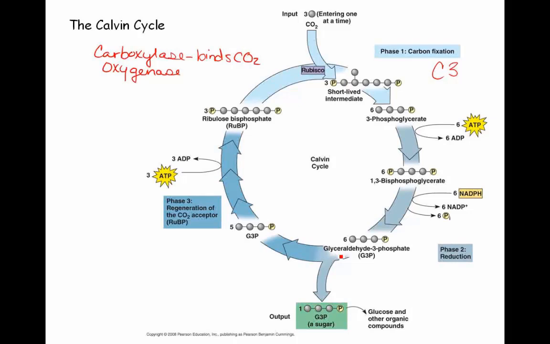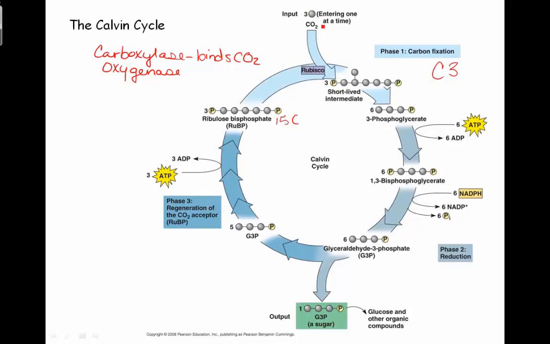Now, if we talk numbers here, if we want to make one net G3P, like we have down here, notice that this G3P has 3 carbons in it. So if we're going to make one of those, we need to use 3 carbon dioxides. So if we look at numbers, we're going to take 3 ribulose bisphosphates, which would be 5 carbon molecules. So 3 times 5, we've got 15 carbons right here.